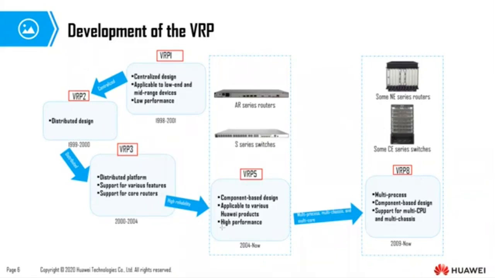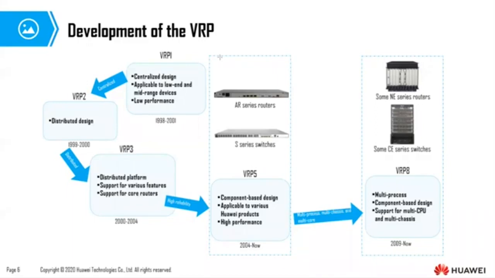Now, what you need to know is that VRP 1 to 3 have already been discontinued, meaning that they no longer support them. Currently, we are only using VRP version 5 and VRP version 8. Those two are the ones that are currently being used. Remember, Sarah asked the other day, what are some of the things that you look at when you go to purchase a device?